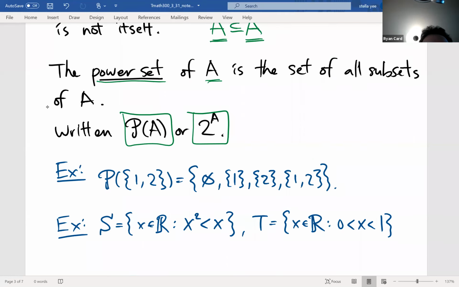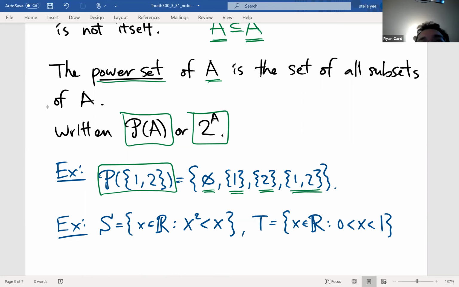Okay, so for example, the power set of the set consisting of 1 and 2. There are 4 possible subsets here. The empty set is always a subset of any set. You could have the singleton set of 1, the singleton set of 2, and you could also have the full set, 1 and 2.